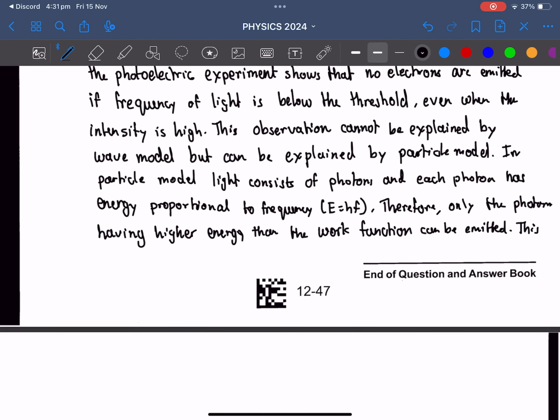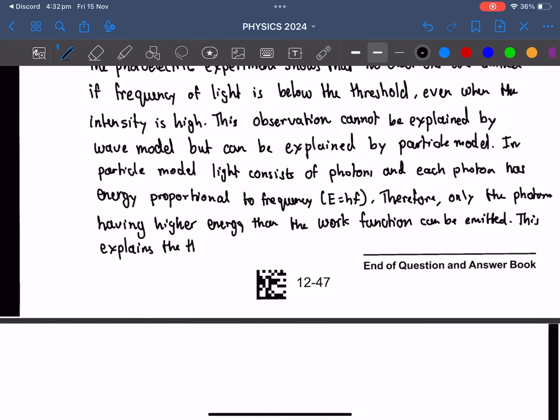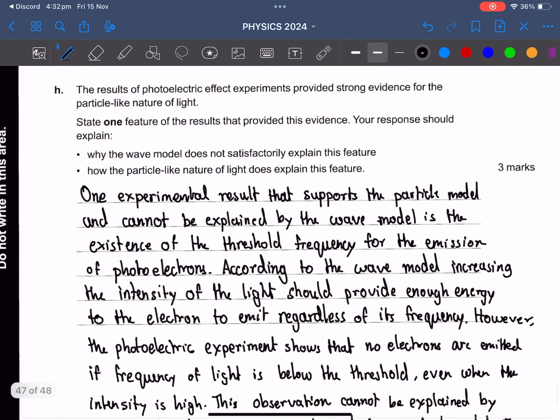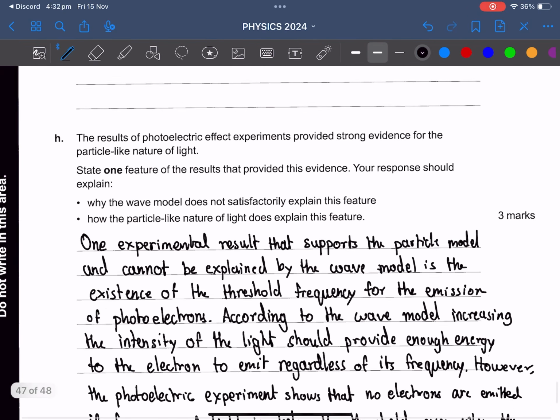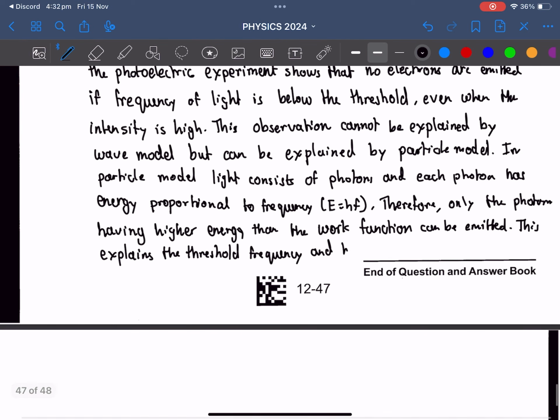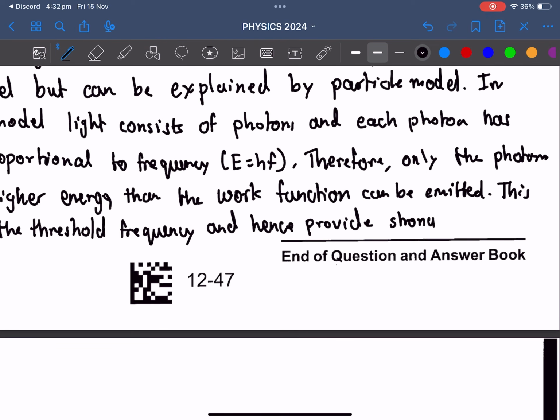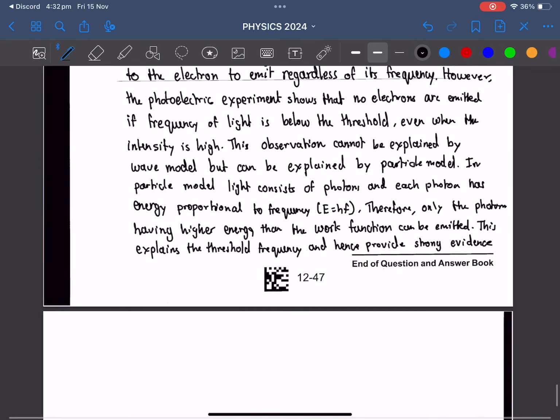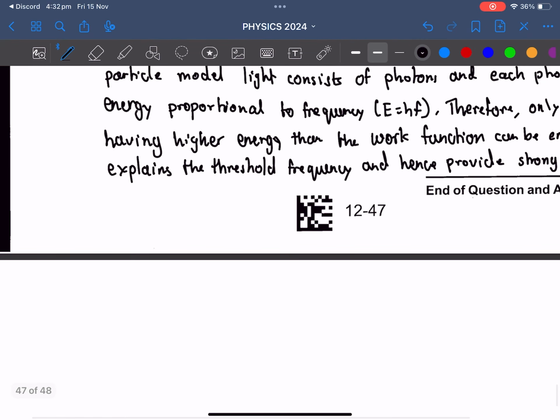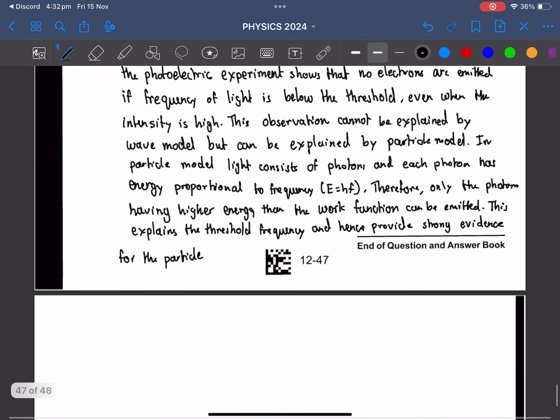This explains the threshold frequency, and hence provides strong evidence for the particle-like nature of light.